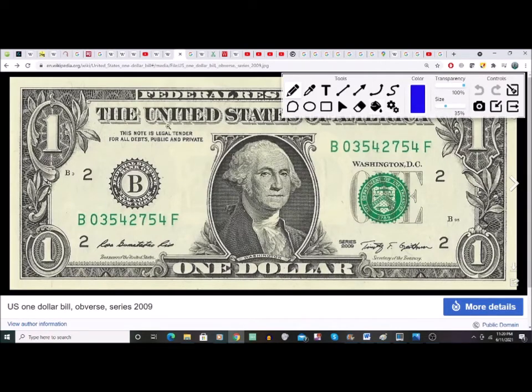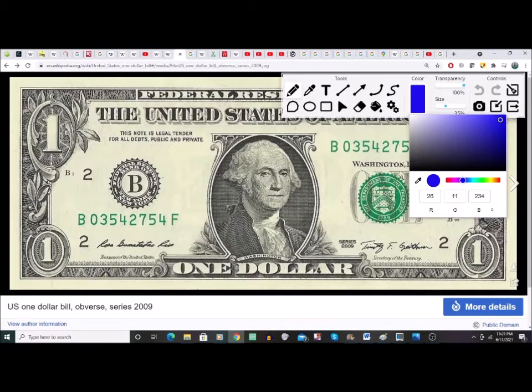Okay, color. Blue's fine, isn't it? Do I have to press them in here? I can't remember. What's this? Let's see if it writes. Oh my god, I'm not doing something right here. What am I going to do? Tools. Oh my goodness. Color, yes, that's fine. It'd be better if it was green.